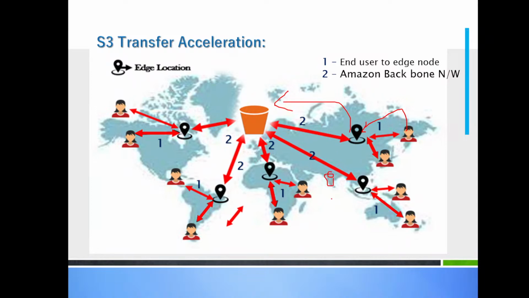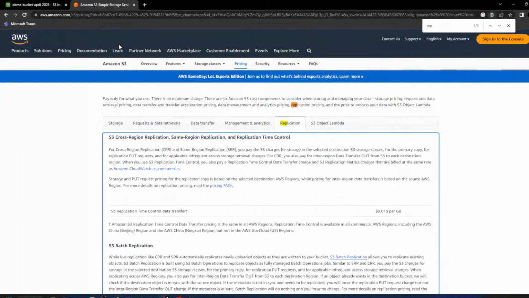Will it be beneficial to enable S3 Transfer Acceleration or not? You have enabled this feature, but is it giving you any advantage or not? It's not always that you will get the advantage. If your data center is near to you, your bucket is near to you, you won't get the advantage.